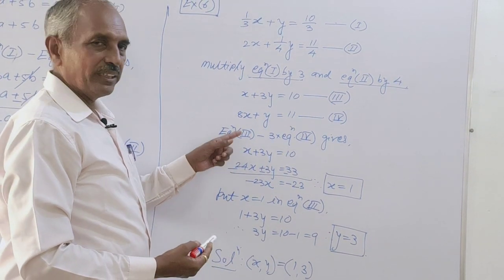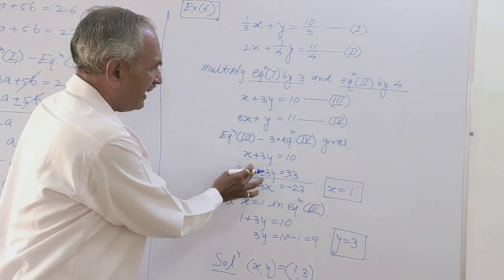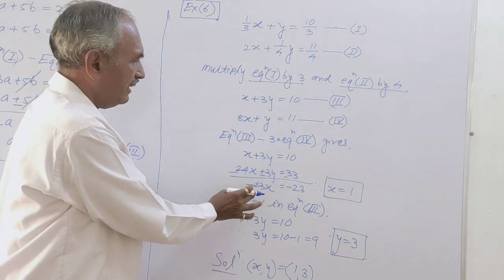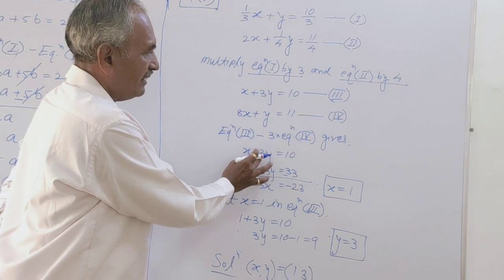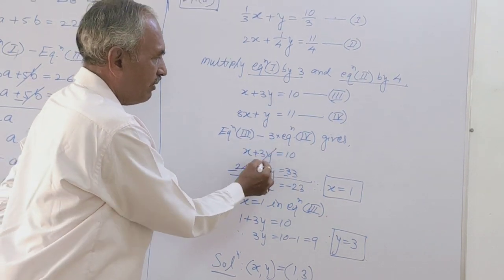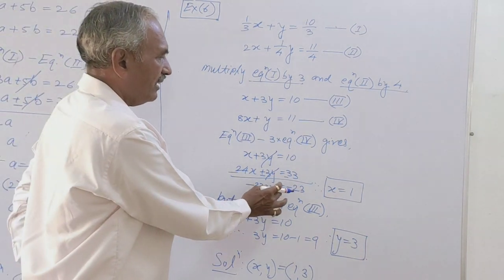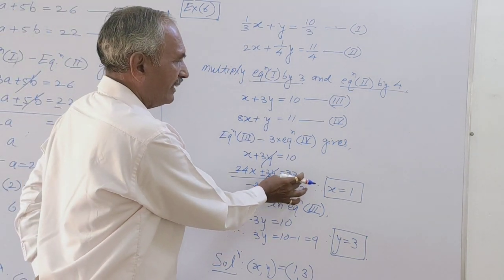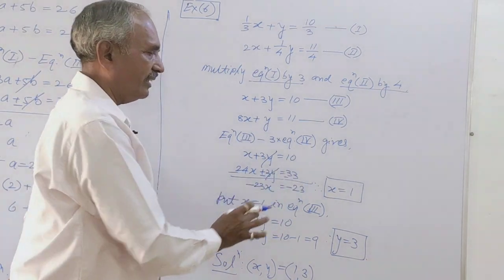Here this becomes minus, this becomes minus, this becomes minus. When I do this operation, minus 24x plus x gives me minus 23x, and 3y minus 3y cancel each other. On the right-hand side remains minus 33 plus 10, which is minus 23.